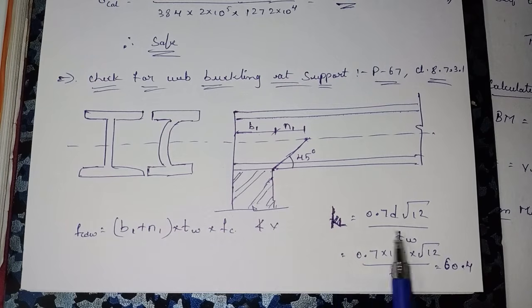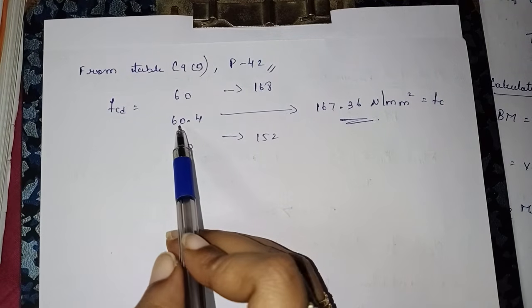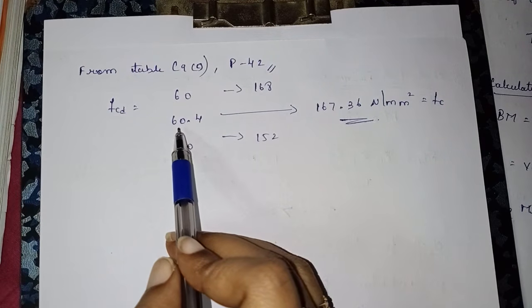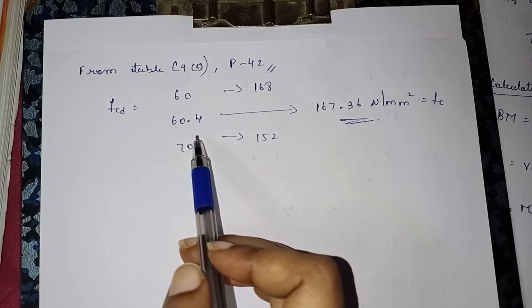For that we need an fc value. For that we need to calculate KL divided by r. First you can calculate KL by using this equation, and you will get 60.4. So to calculate fc, KL by r is 60.4.